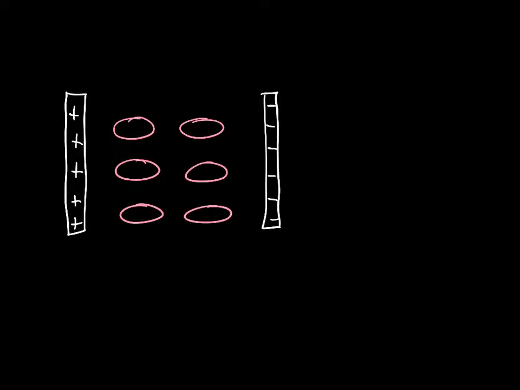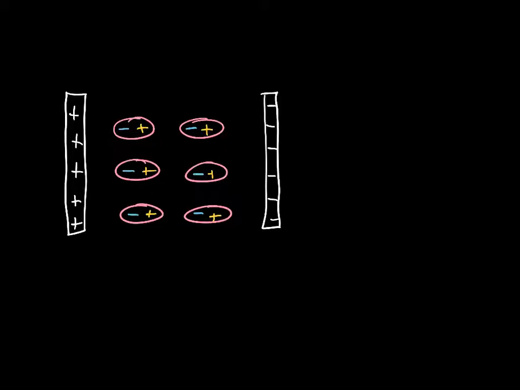So what happens in this case is all of the minuses want to go near to the plus end, and all of the pluses want to go near to the minus end.